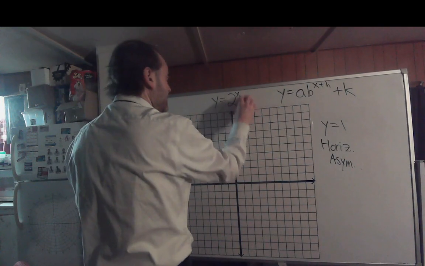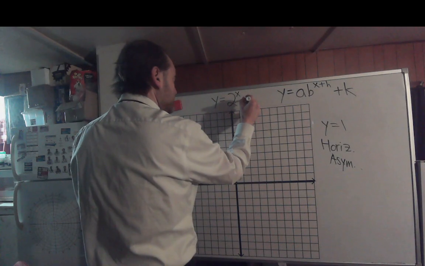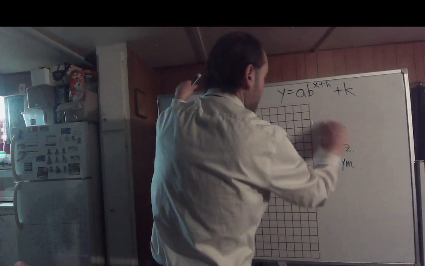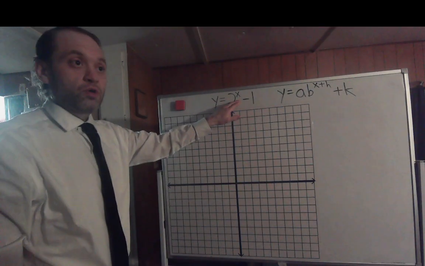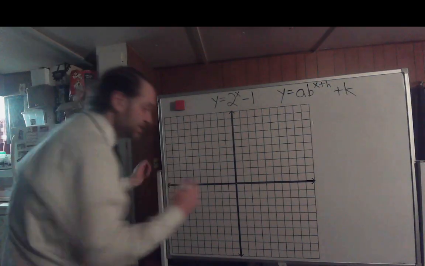Now, let's change it again here. Let's say I have 2 to the x, I have all that minus 1. So now I'm shifting downward 1 unit, right? I'm going to shift downward 1 unit. So when x is 0, 2 to the 0 is 1, minus 1 is 0.